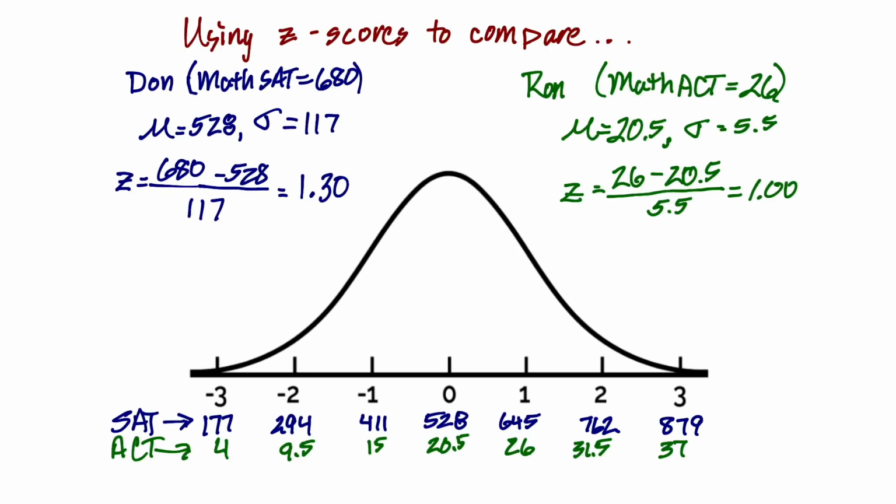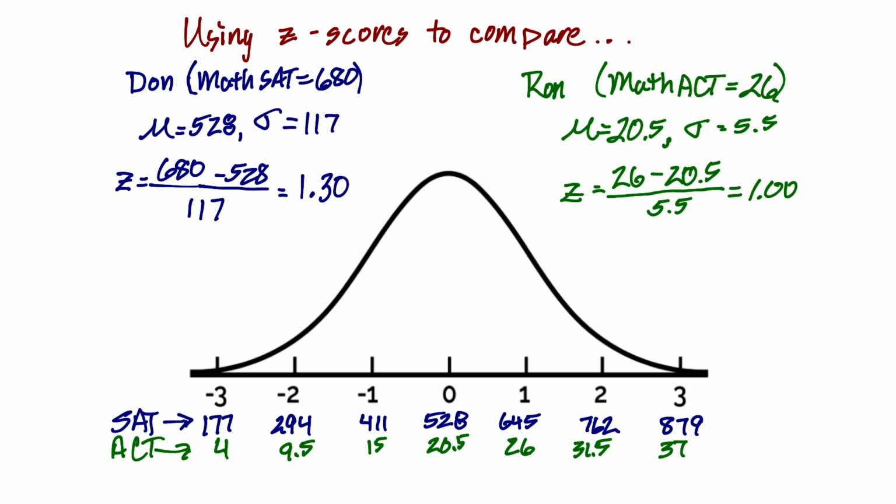So this is the most useful thing about using a standard normal distribution: we can use z-scores from 2 different populations to compare things. So we'll talk about twin brothers, Ron and Don. Don takes the math SAT and scores a 680, and Ron takes the math ACT and scores a 26.